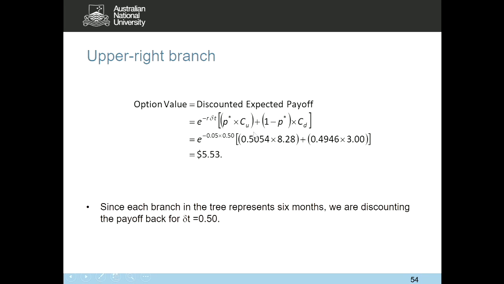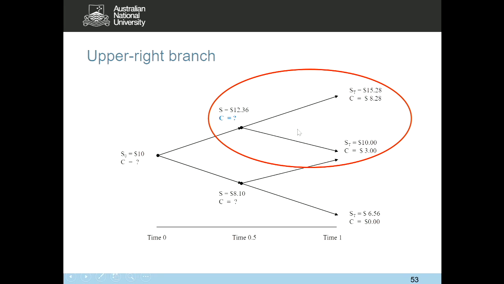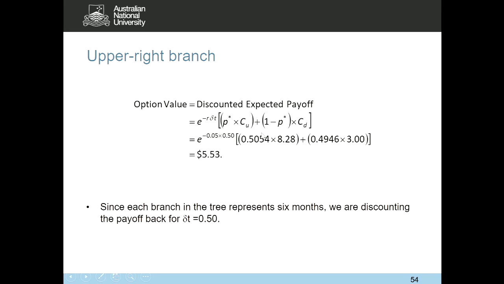Now the expected payoff from this call option, so I'm standing here and I'm thinking 6 months from today, what will be the expected payoff of this call option? The expected payoff would simply be 50.54 times the payoff of the call option, $8.28, plus 49.46 times the payoff of the call option, $3.